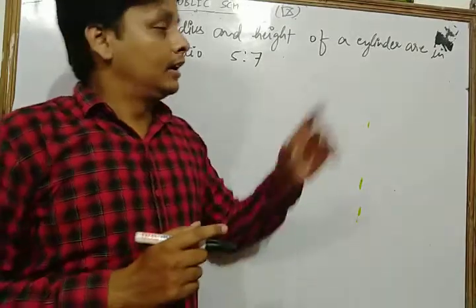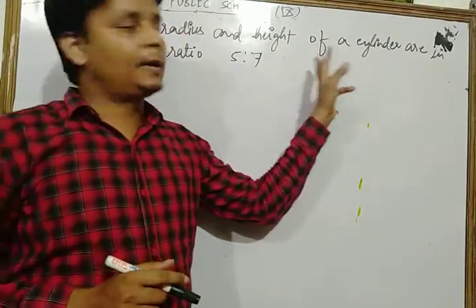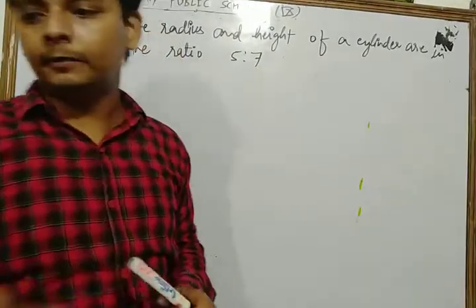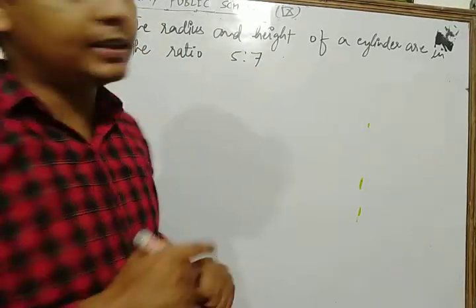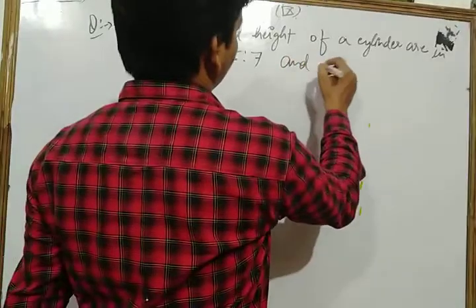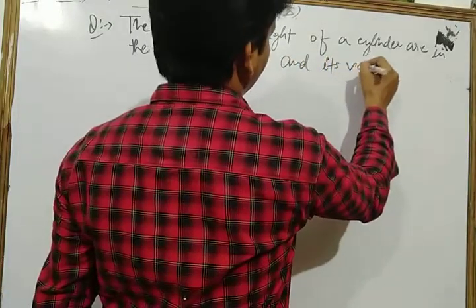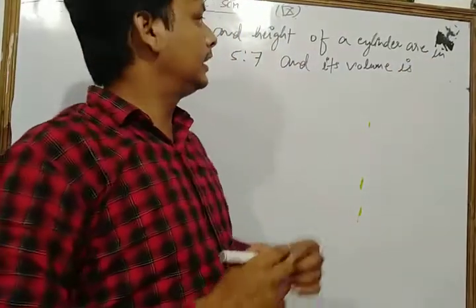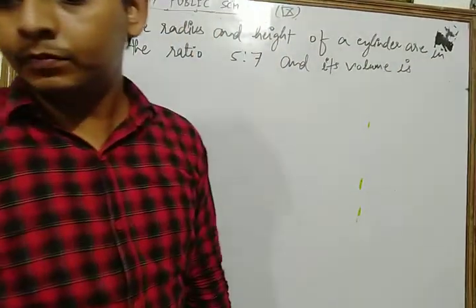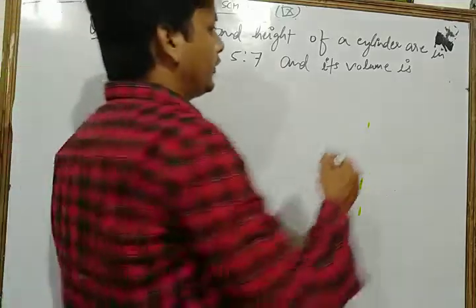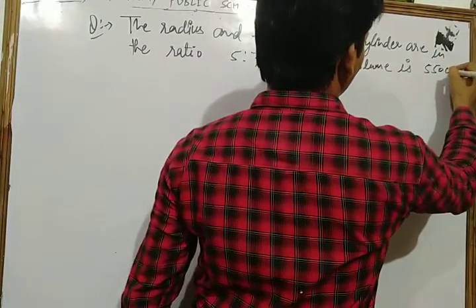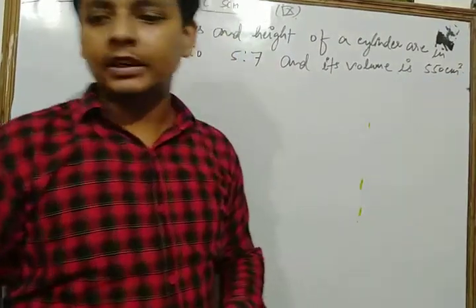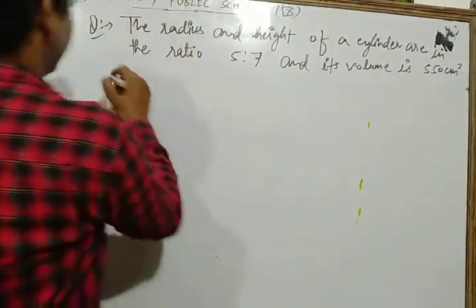The radius and height of a cylinder are in the ratio 5:7, and its volume is 550 centimeter cube.